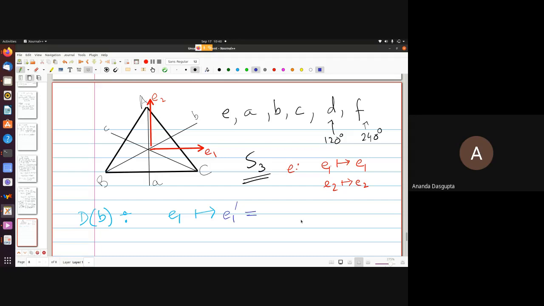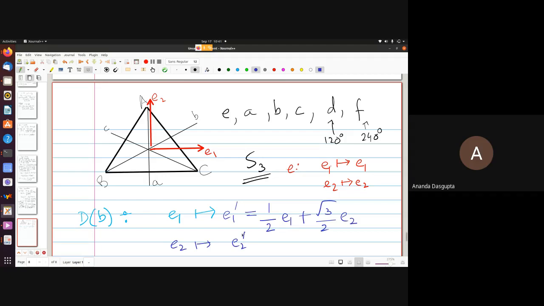So E1 prime is going to make a 60-degree angle with E1, so that has to be cos 60 degrees, half, E1, plus, and that's sort of obvious, sine 60 degrees, right? What about E2?